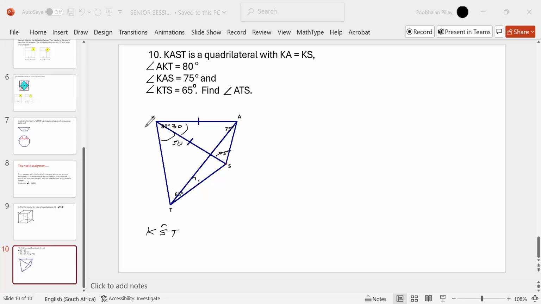So you've got two angles of this triangle here, KST. So angle KST is 180 minus 50 plus 65. And so you add these two angles, subtract it from 180 to get this angle here. Now when you work this thing out, you get 65. So this angle here is 65 degrees.